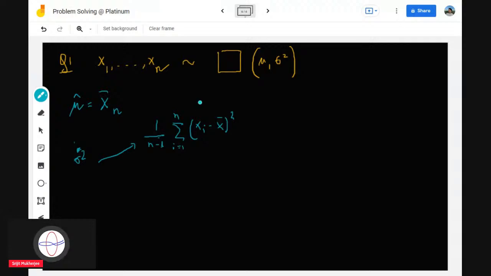There was a problem in our mock test also: if mu is unknown, then this is a good estimate. But what if mu is known? Say mu is equal to 2. Then what is a better estimate? If mu is unknown, you represent it by the value of x bar. But what if mu is known? What is a good estimate then?